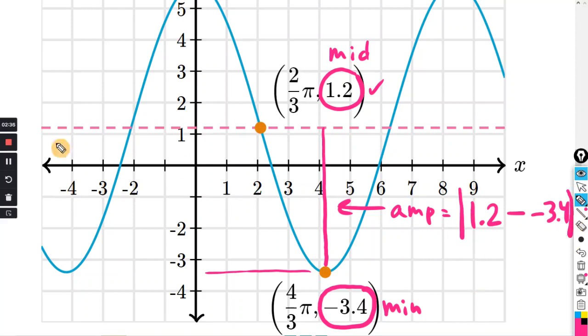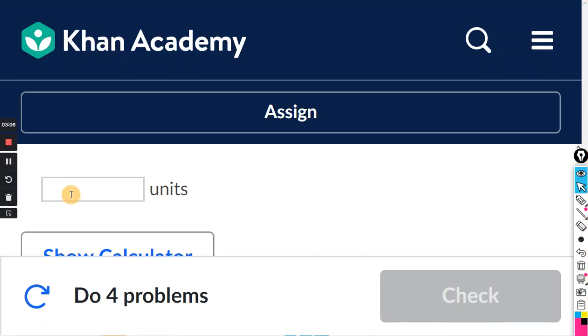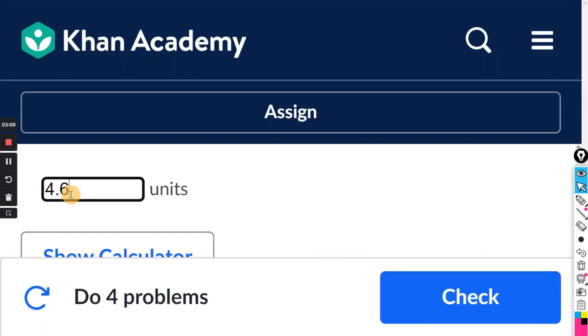Okay, the two negatives in a row, of course, that makes it positive. 0.2 plus 0.4 is 0.6, and 1 plus 3 is 4. So that's it. This distance is just 4.6. Remember, distance is always positive, okay? So that's why we take the absolute value, although in this case it wasn't necessary. So 4.6 units.